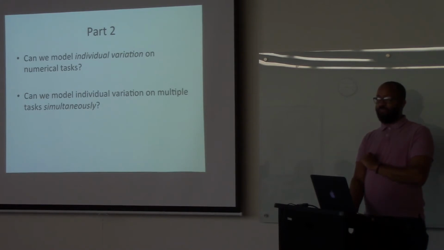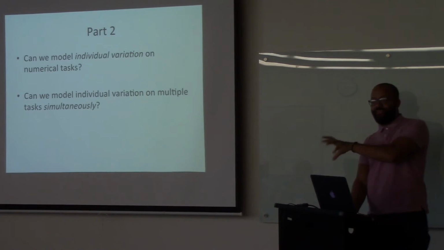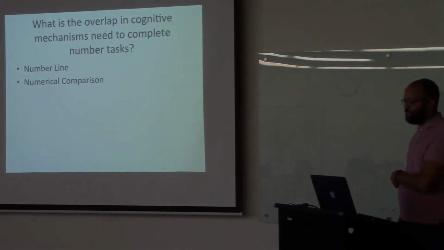So why some people are doing relatively well in these tasks and some people are doing relatively poorly. And then not only look at one task at a time. If we think what we're modeling is about number cognition in general, it shouldn't just be that one task that we kind of overfit the data to. We should be able to look at all sorts of things, so comparison or addition and things like that. So that's kind of like the direction we're going in.